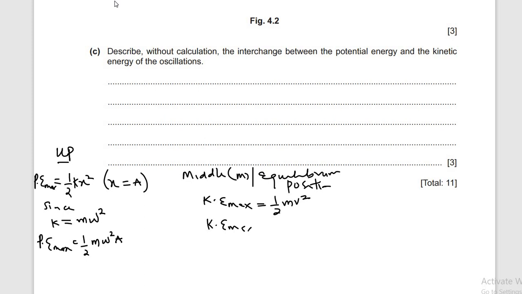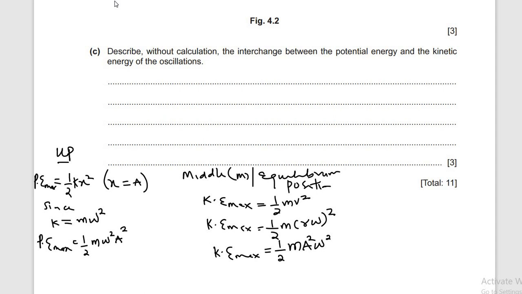So at that point, half m, v is r omega, and since it's maximum, r is a: half m a squared omega squared.